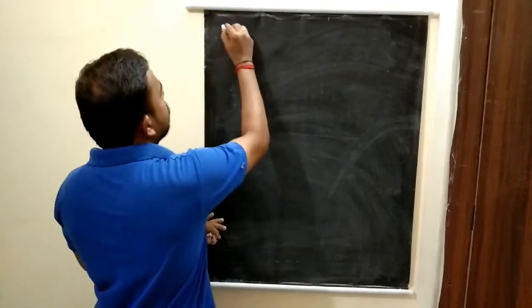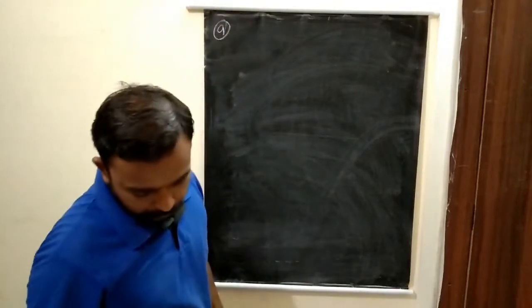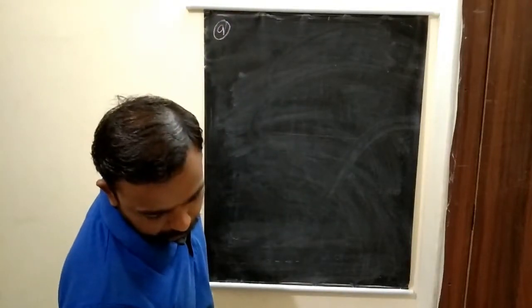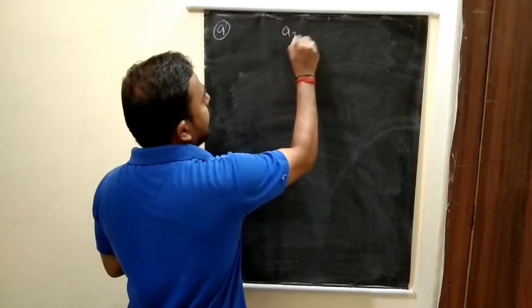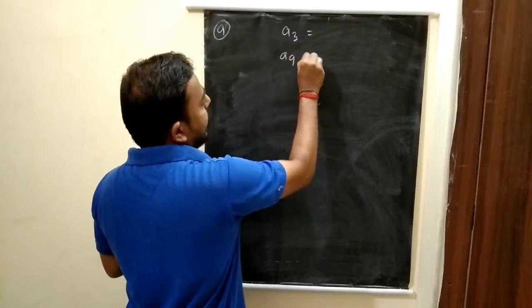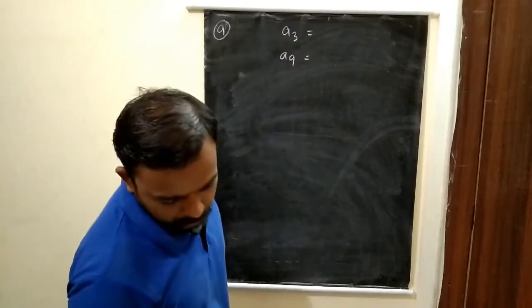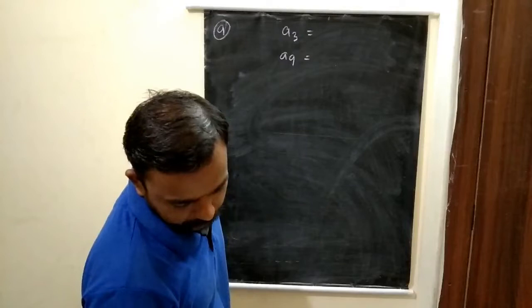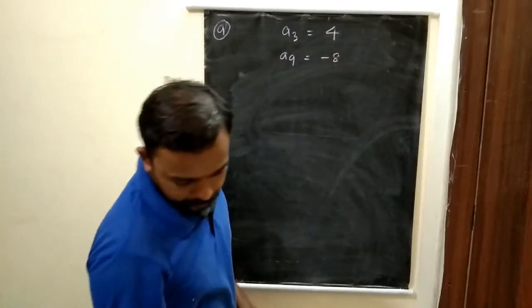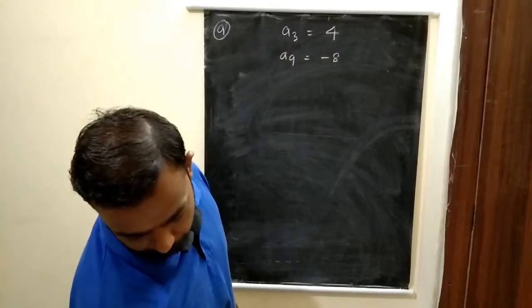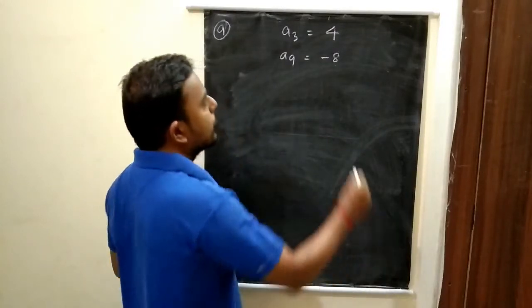Similarly, the ninth problem. If the third and ninth terms of an AP are 4 and minus 8, which term of the AP is 0?